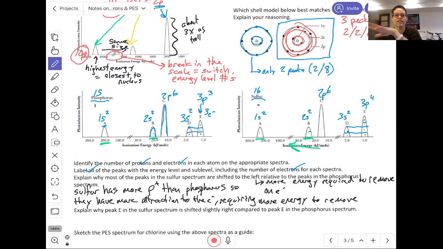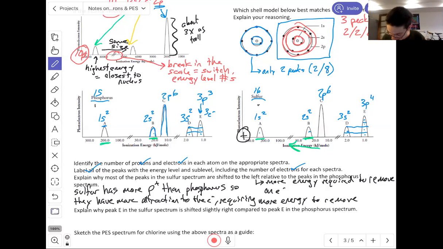So it's really obvious that as you add more protons in the nucleus, you've got more pull, more attraction. So that's why we say it's really helpful to imagine that the nucleus is right here, because the nucleus is literally pulling the peaks towards itself as you stick more positive protons in there. So that's why that kind of visualization is very, very helpful.